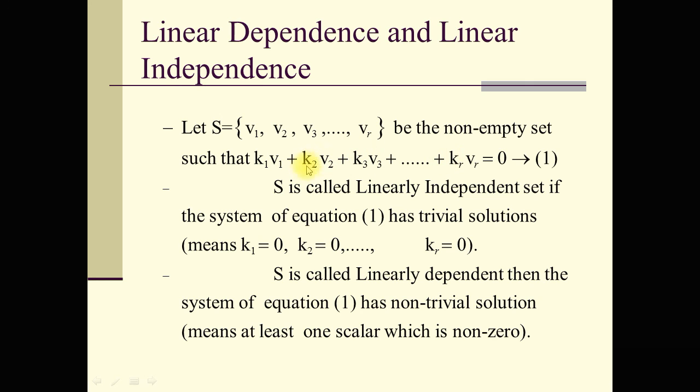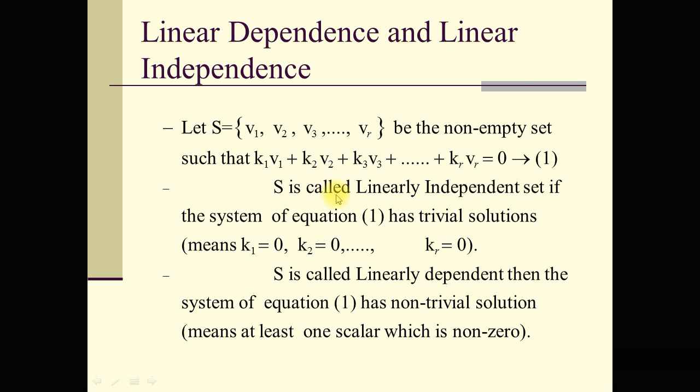We solve the system for the scalars k1, k2 up to kr, and since the system is homogeneous, it always has at least the zero solution, and we check for other solutions in addition to zero. If the system has only the zero solution, then the vectors will be linearly independent.